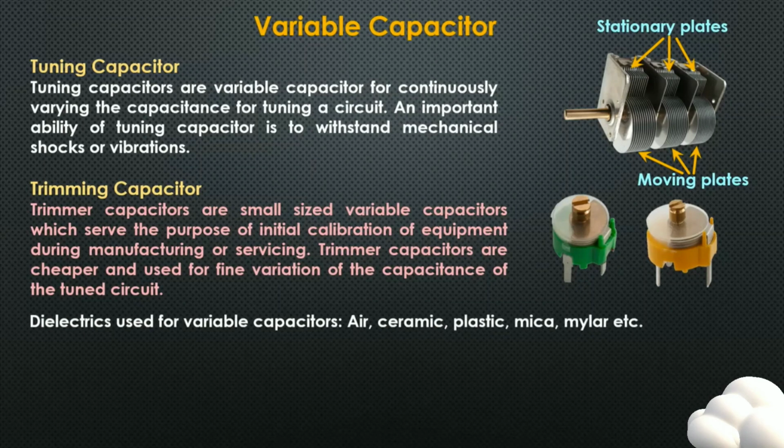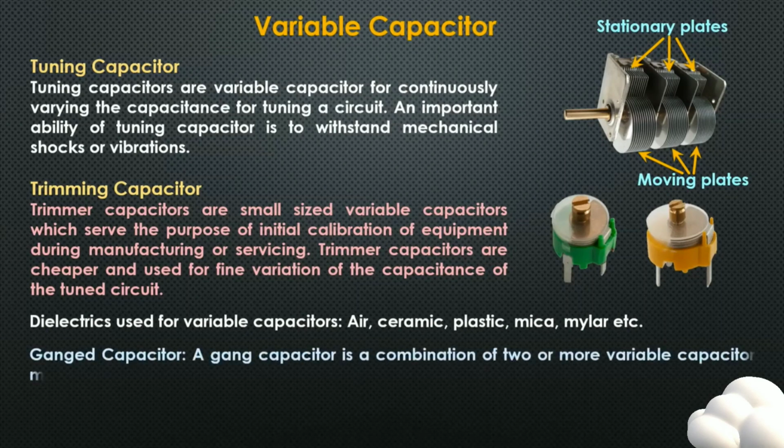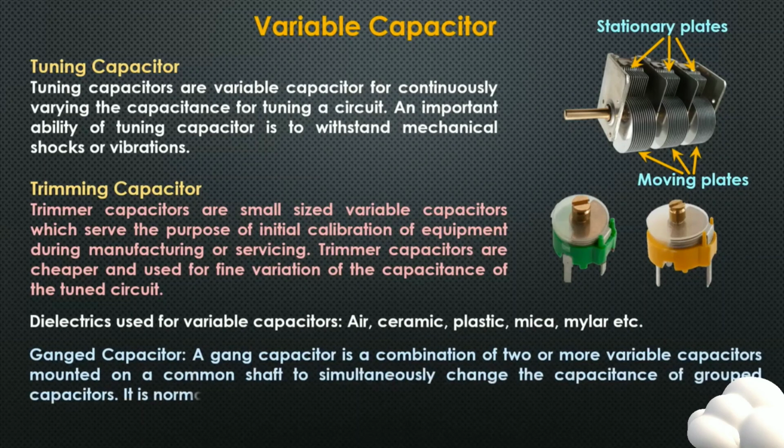The dielectric used for variable capacitors can be air, ceramic, plastic, mica, mylar, and there can be a number of more examples. This type of capacitor is also called a gang capacitor, where a gang capacitor is a combination of two or more variable capacitors mounted on a common shaft to simultaneously change the capacitance of the grouped capacitor.